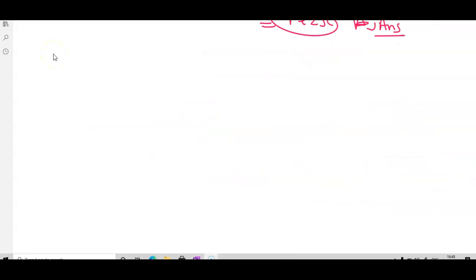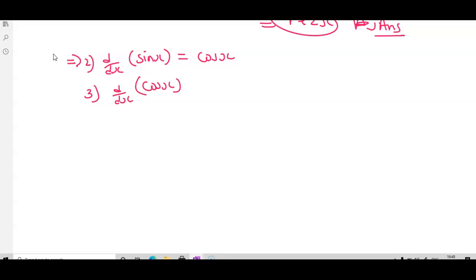Let's see what about the other formulas. If I come to d by dx of sin x, it is going to be cos x. Then we have derivative of cos x, minus sin x.